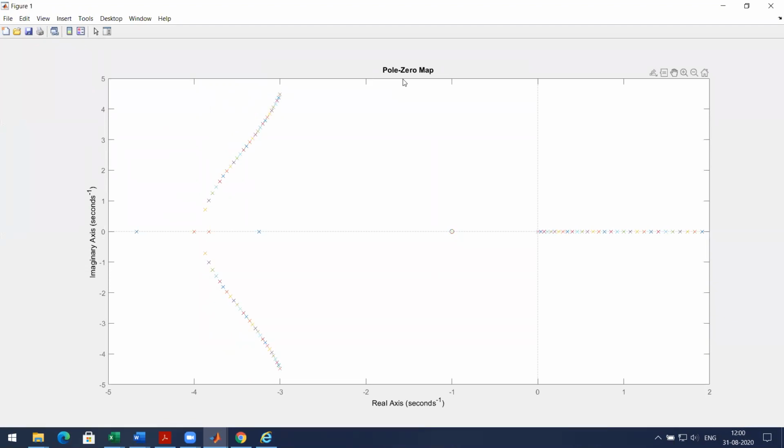So for various values of k, what are the pole positions? This is what we are looking at. This is the pole zero map itself, but we are plotting it for varying value of k.